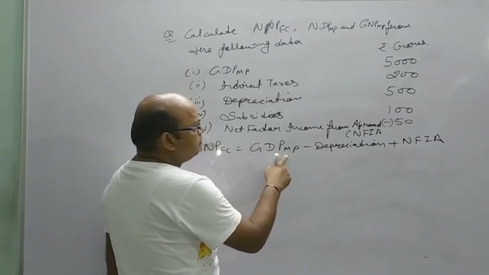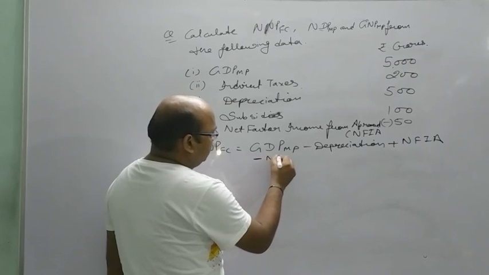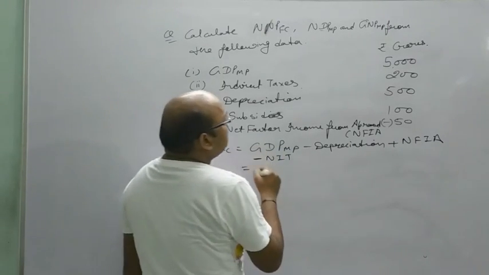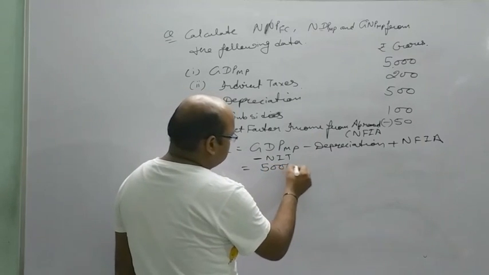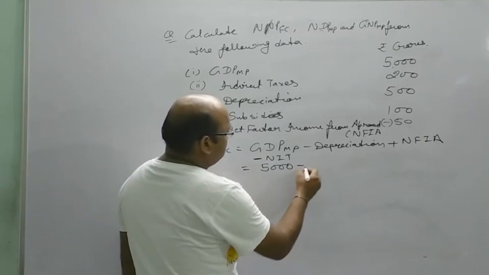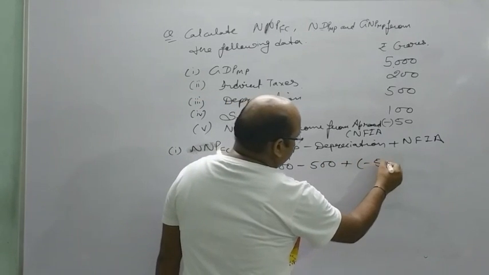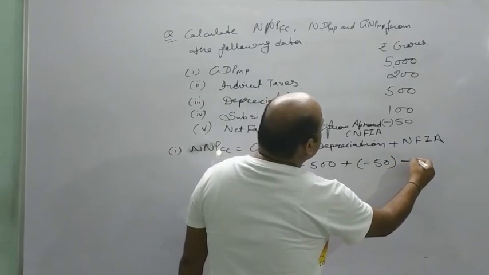Factor cost is equal to market price minus net indirect taxes. So GDPMP is 5,000 crores minus depreciation 500, plus NFIA minus 50, minus NIT.